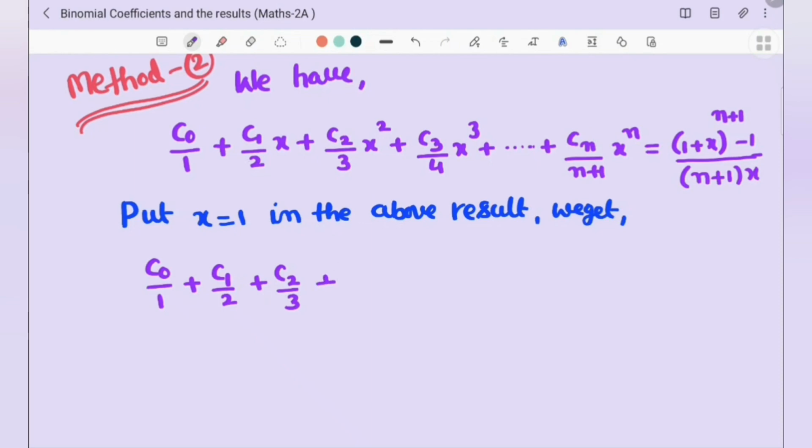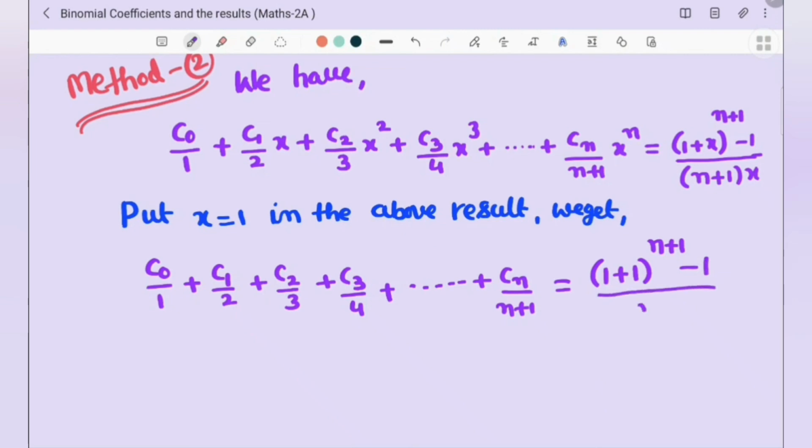Here also 1. So all 1 only will come in that LHS. C3 by 4 plus and so on, Cn by n plus 1 is equal to, x is equal to 1, substitute, 1 plus 1 whole power n plus 1 minus 1 by n plus 1.